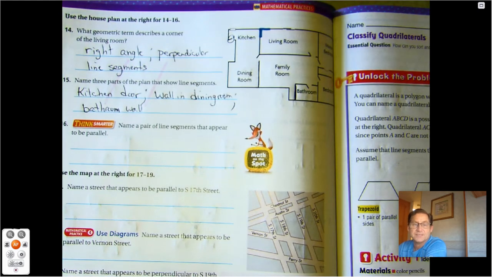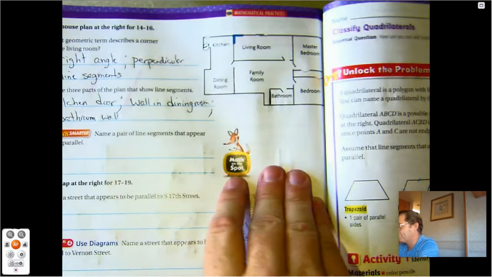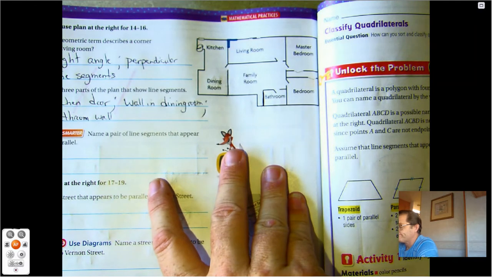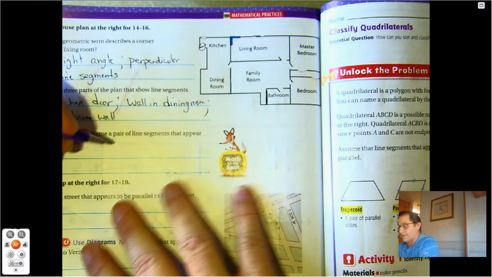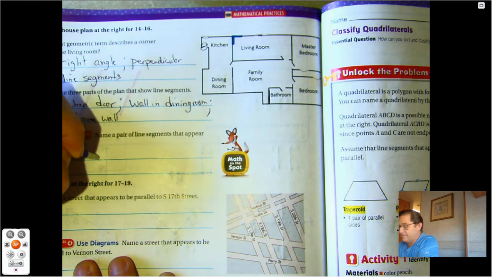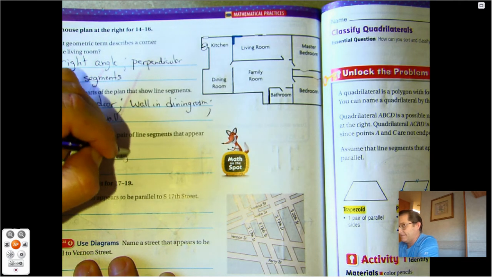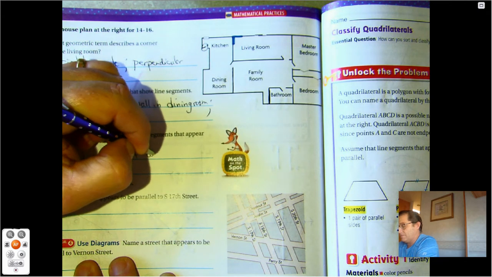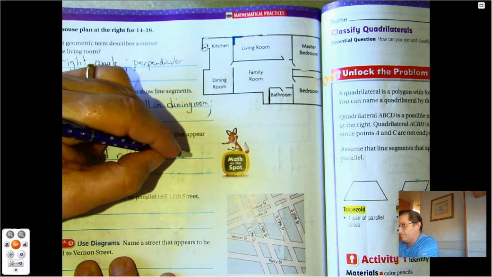Name a pair of line segments that appear to be parallel. Well, okay, so the left and right walls of the dining room.